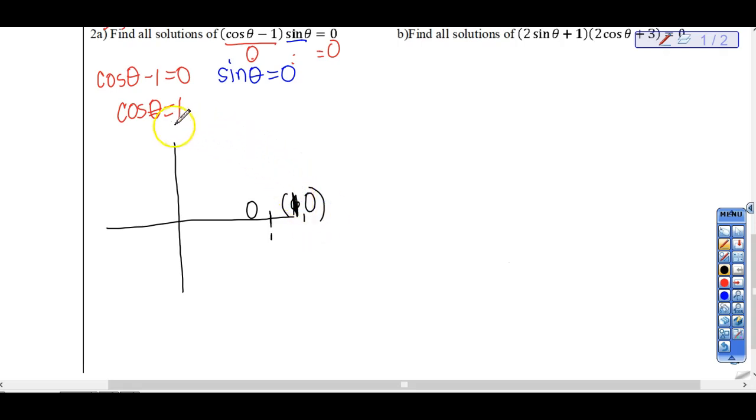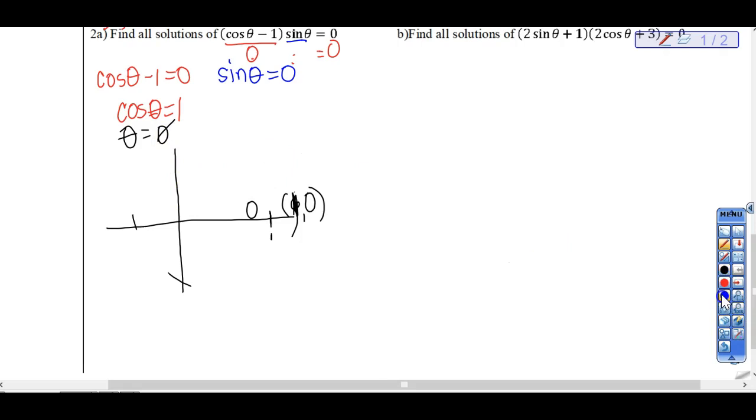And as I go around the unit circle, this is the only time my cosine equals 1. It never equals 1 again. Okay? So be thoughtful about that. So far, I know that theta equals 0. Okay, so I know that.